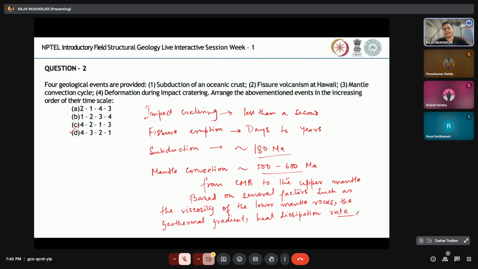Now there are several school of thoughts that suggest that there are multiple layers of convection, right? So 2-layer convection model, multiple layer convection model, and unified layer convection model. So these are all geodynamic theories that are currently in the geoscience community that people talk about and carry out research.